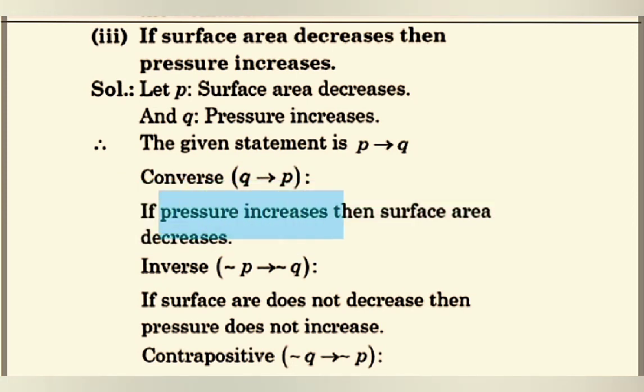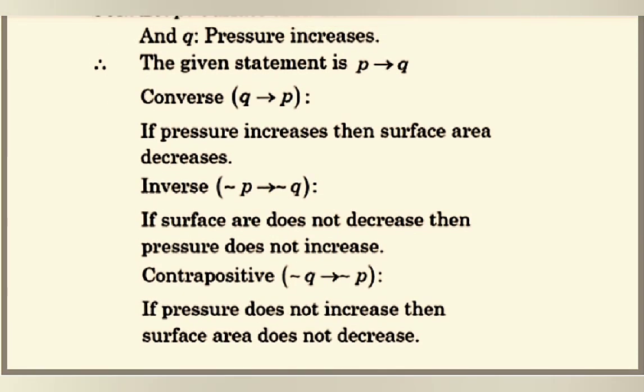This is Q statement and this is P statement. Inverse is negation P implies negation Q. Negation P means surface area does not decrease, and negation Q means pressure does not increase. And last, contrapositive means negation Q implies negation P. If pressure does not increase then surface area does not increase.